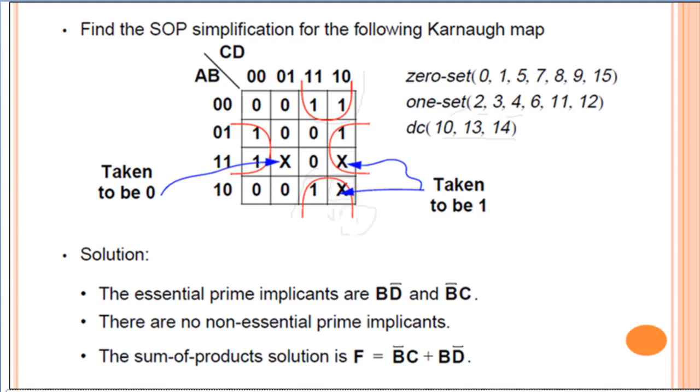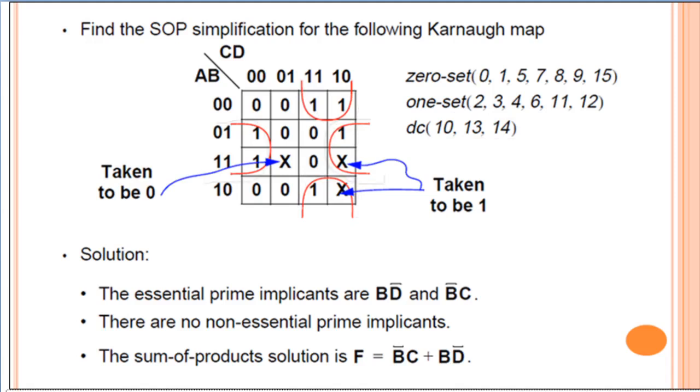Okay, now these ones can be grouped, that means 2 to the power 2, that means 4. These 4 ones can be grouped. Now if we treat this don't care condition as 1, that means again we can create a group of 4 ones.